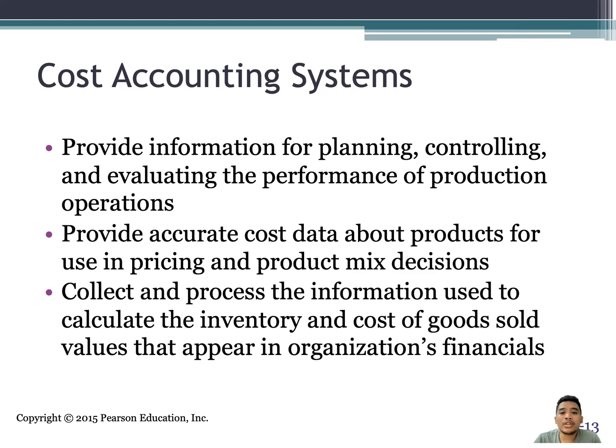To give you a glimpse of what a cost accounting system is, it provides information for planning, controlling, and evaluating performance of production operations. It provides accurate cost data about products for use in pricing and product mix decisions. And it collects and processes the information used to calculate the inventory and cost of goods sold values to appear in the organization's financials.